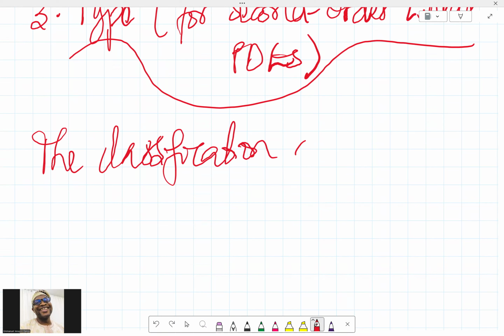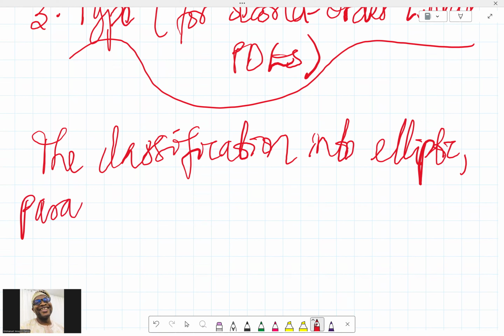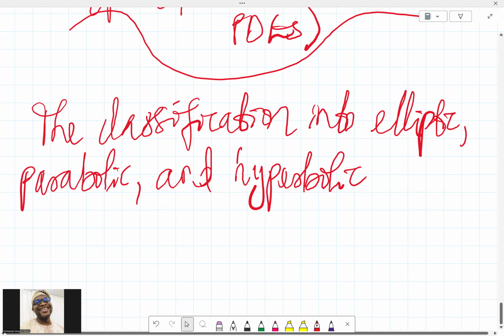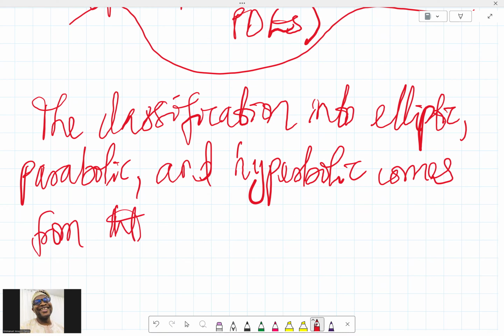The classification into elliptic: you can have PDEs that are elliptic if they are second order. They can be parabolic. It can be elliptic, it can be parabolic and hyperbolic, right? So the classification into elliptic, parabolic, and hyperbolic comes from the nature of their solutions.